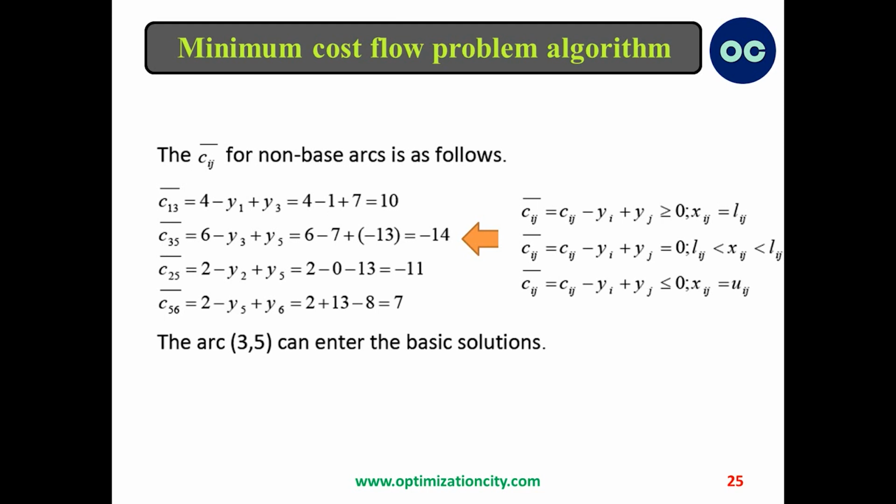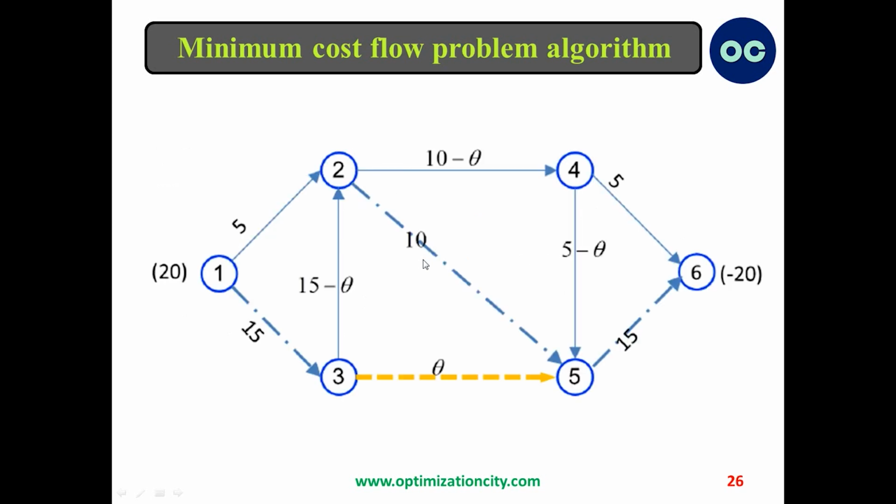Arc 3, 5 can be included into the basic solution because it does not satisfy the optimality condition. As a result, by setting theta equal to 5, arc 4, 5 is removed from the basis, and arc 3, 5 enters the basic solution.